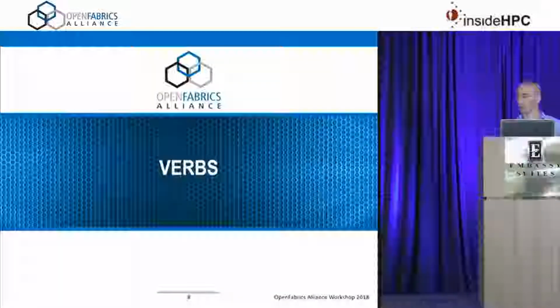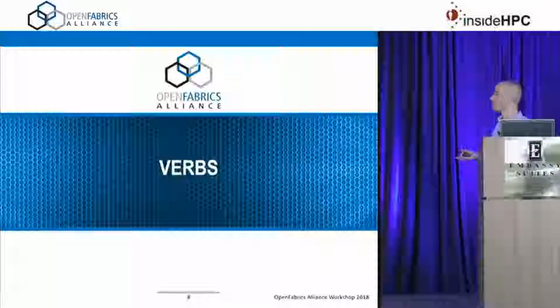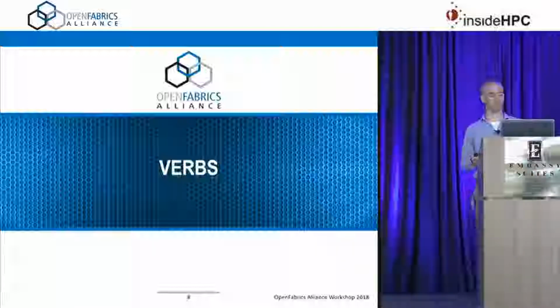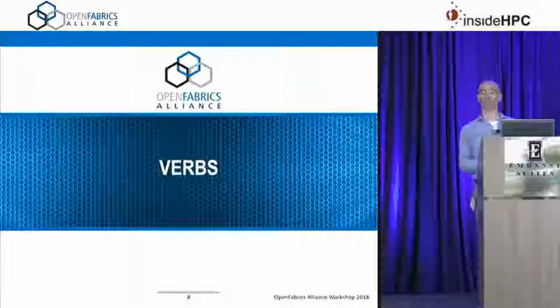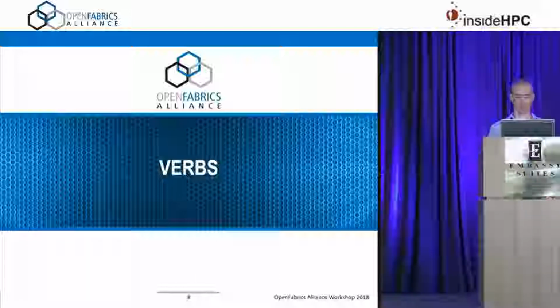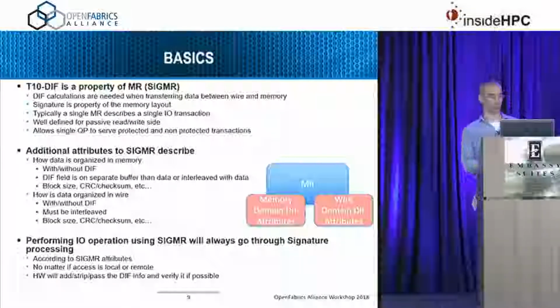So going to verbs, as we can see in cases of distributed storage, it makes sense that a type of offload will be introduced to the NICs as well, because now the NICs are involved in transmitting and receiving storage traffic. And as we know, performing such CRC calculations are heavy CPU operations.